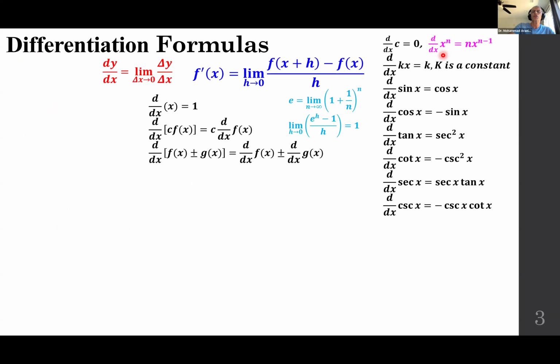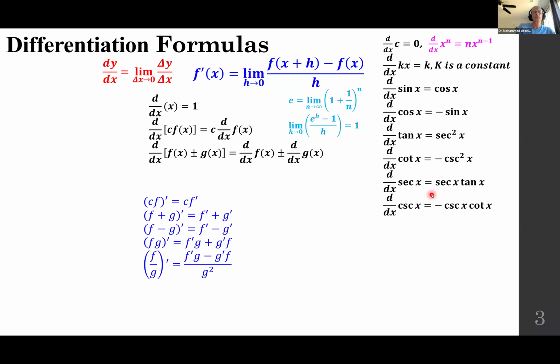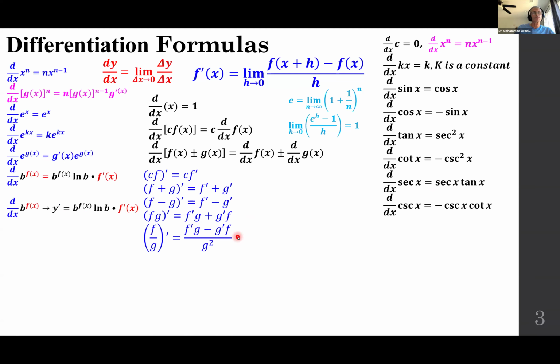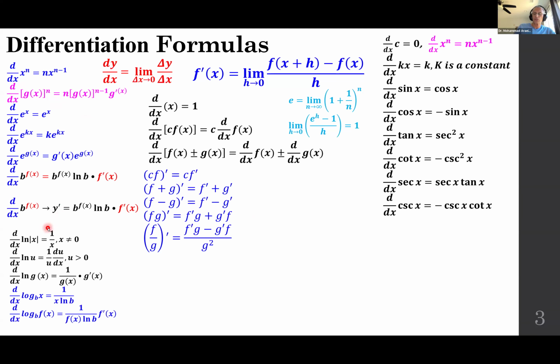Again, basic differentiation formulas for the constant, power rule, trigonometric functions, product rule, quotient rule, extended power rule, exponential functions, logs, composite function resulting in the chain rule, everybody. So that's very straightforward. We have seen it many times before.